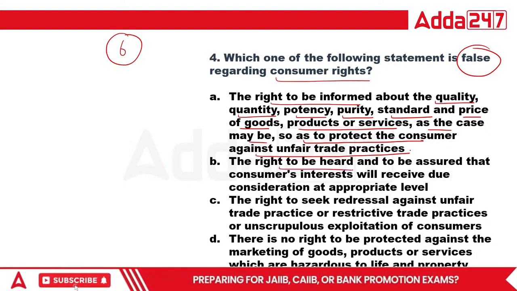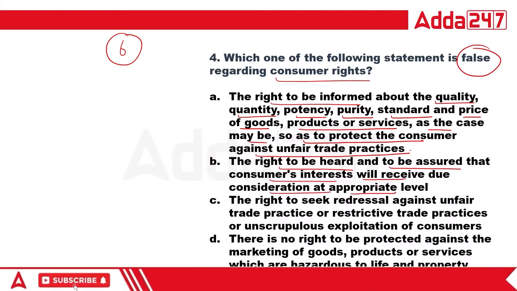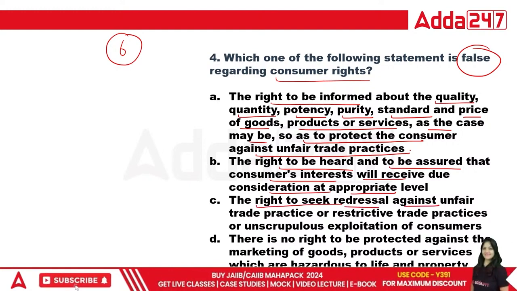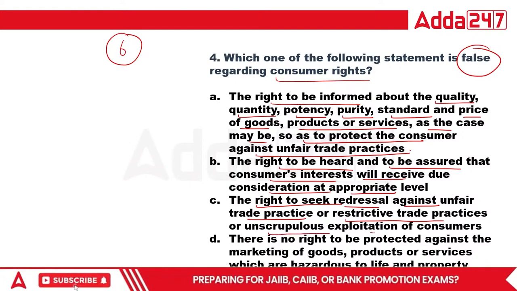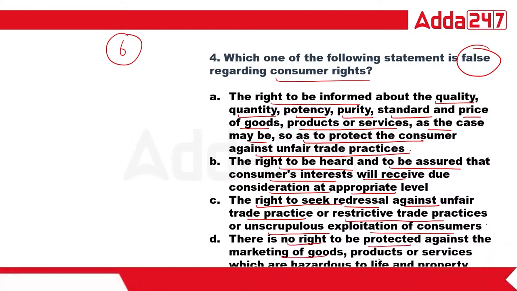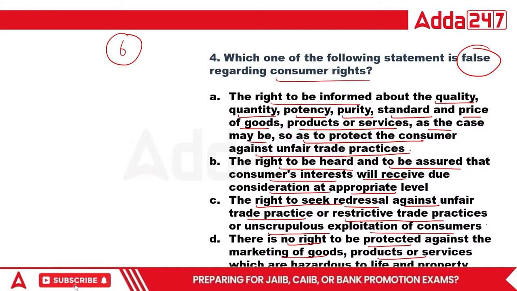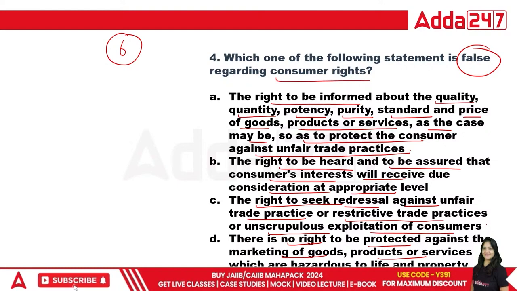B, right to be heard and to be assured that consumer interest will receive due consideration at appropriate level. C, right to seek redressal against unfair trade practices or restrictive trade practices or unscrupulous exploitation of the consumer. And D, no right to be protected against the marketing of goods, product or services which is hazardous to life and property. So which of the following is the right answer?